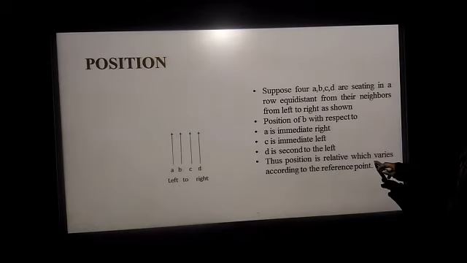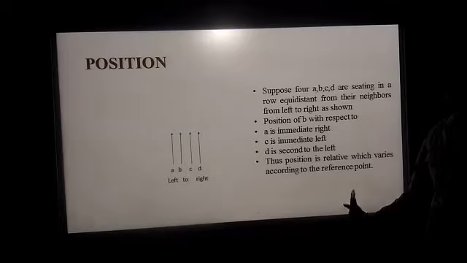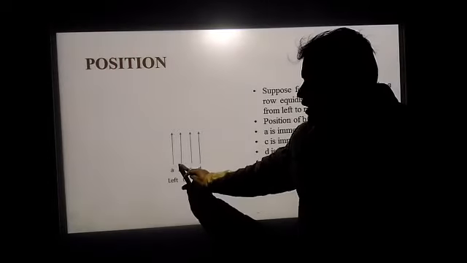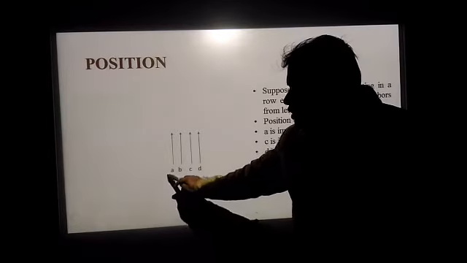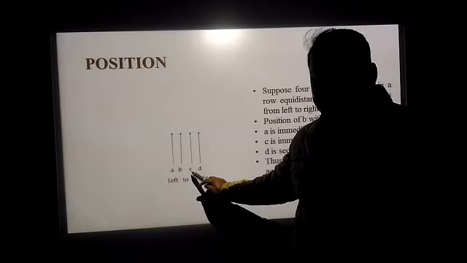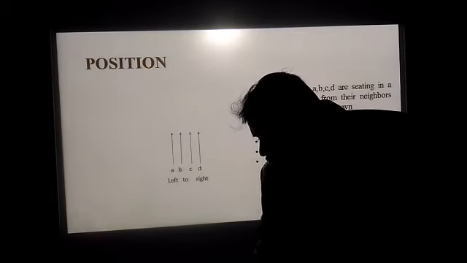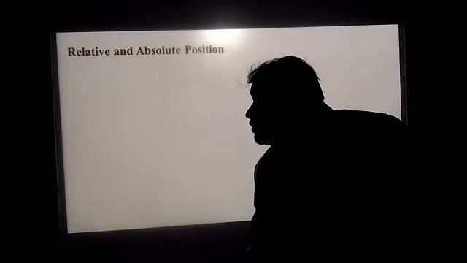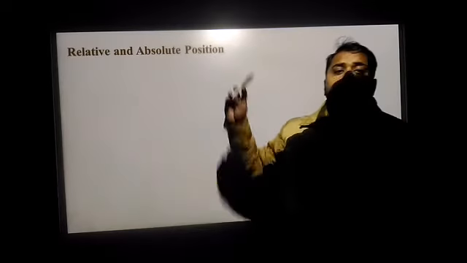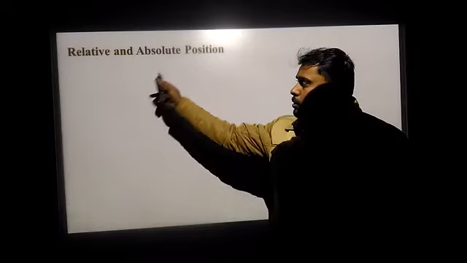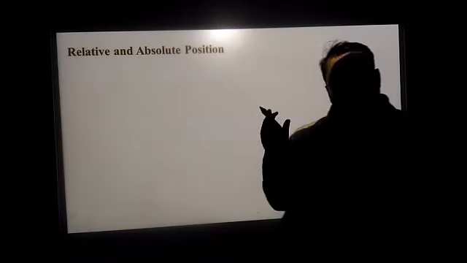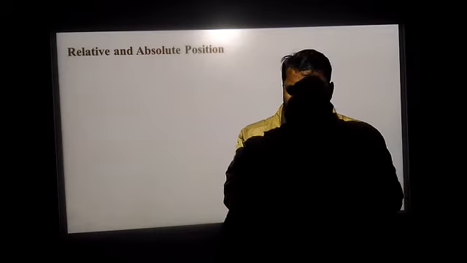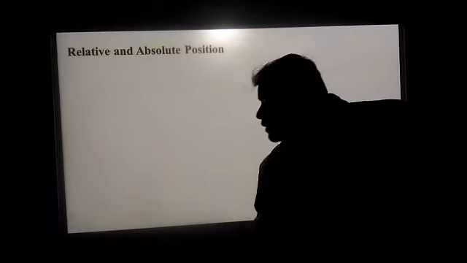Thus I can conclude that position is relative, which varies according to the reference point. If I change my reference point from B to D, the position of all these three persons will change. So position can be relative or absolute, and we are going to study absolute and relative position further.